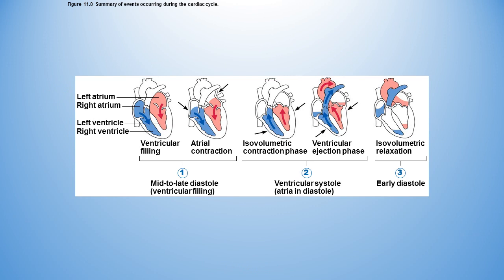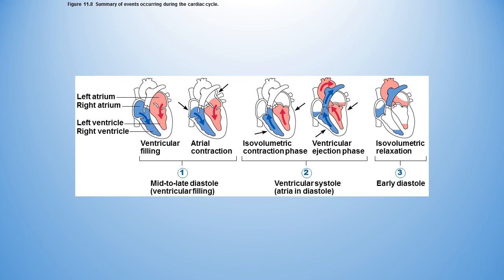This diagram is showing what's happening actually in the heart itself during the contractions versus relaxation and the pressure that you're measuring. So the diastolic pressure is when the ventricles are relaxing.